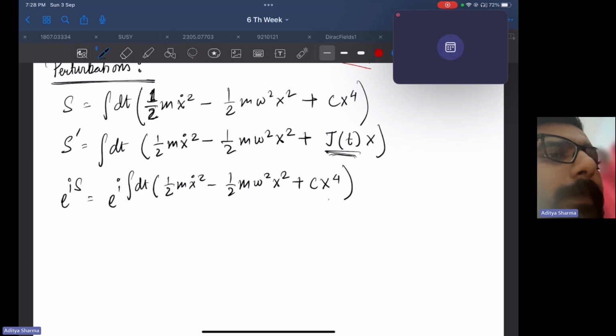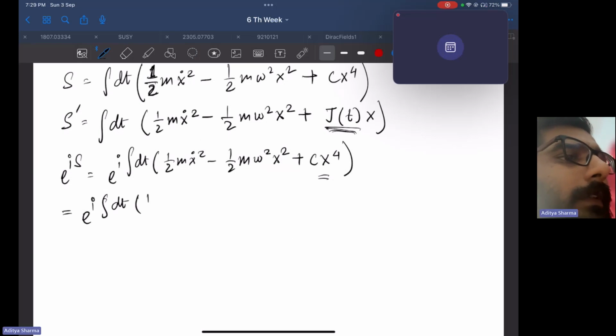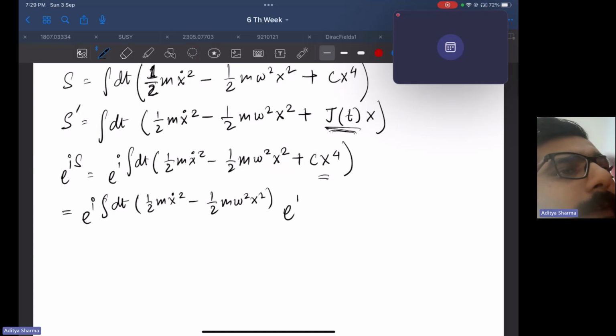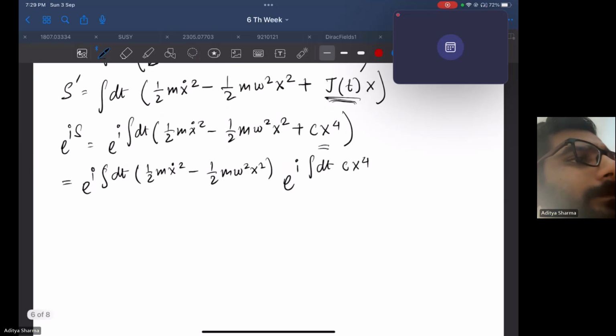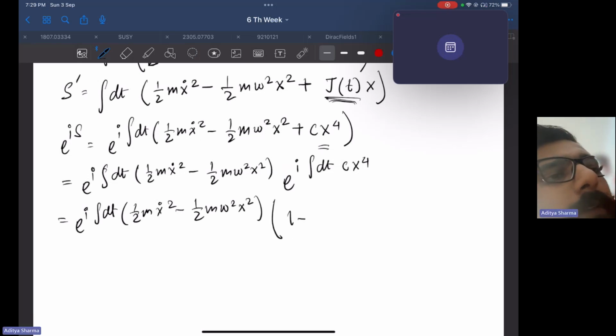I will try to expand this in a series. This is the way how we do a perturbation series actually. E to the power i. This is some old way of doing perturbation theory. This has some name I've forgotten.